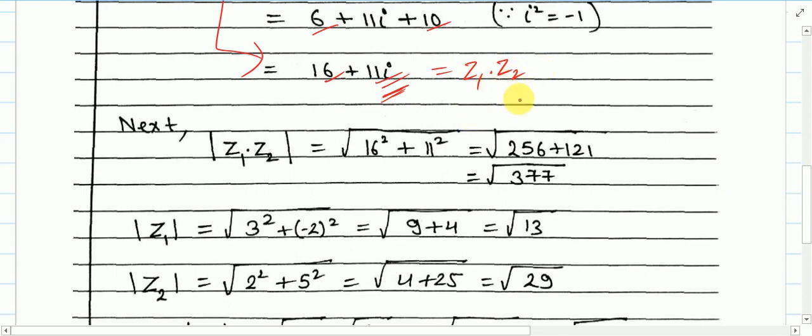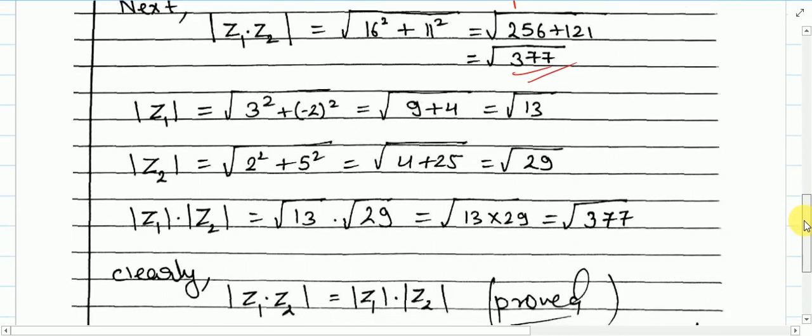So the modulus of this will be mod Z1 Z2. You have to write like this, mod, and this will be equal to the square root of a square plus b square. For this, a is 16 and b is 11. So substitute the values, you get square root of 377. Done.